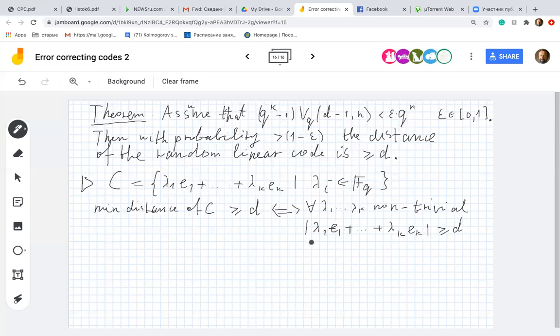So we need just to upper bound the probability that this doesn't hold.